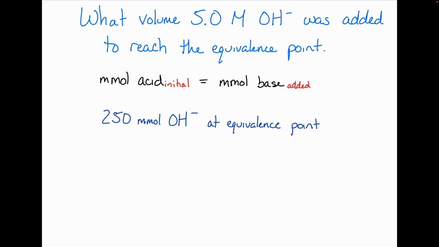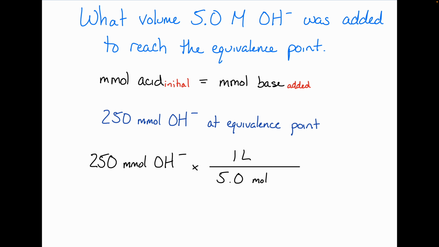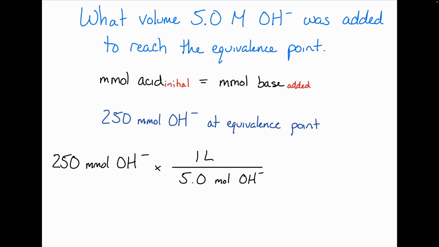All right, so we need to take that 250 millimoles of hydroxide, and we know that there are 5.0 moles in 1 liter. So if we divide by that concentration, we'll see that the moles cancel out, but the milli does not, leaving me in units of milliliters.